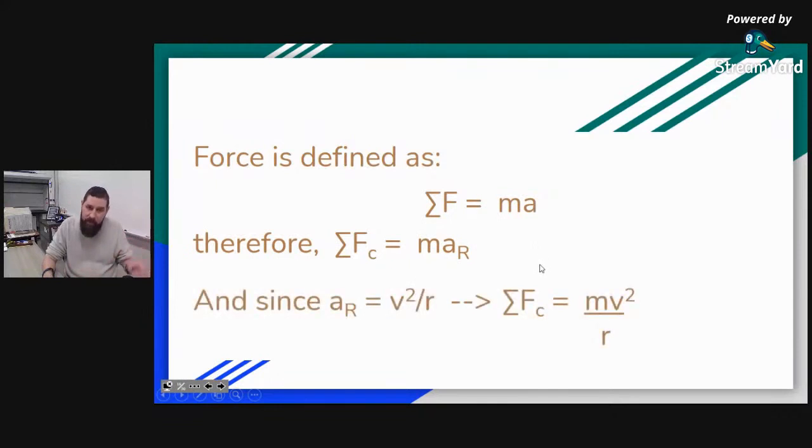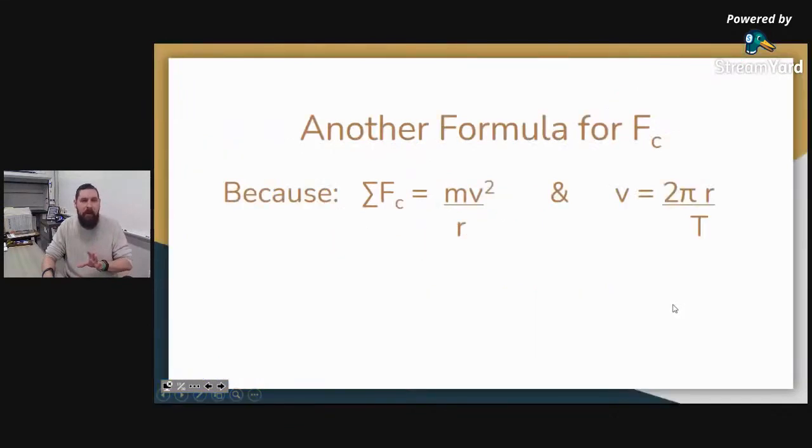And since radial acceleration equals v squared per r, as we talked about in the previous video, we can substitute in and get that the net force centripetal equals mass times velocity squared, all divided by the radius. So these are the most basic two equations that you've got for centripetal force. Centripetal force is mass times acceleration centripetal, or F_c equals mv squared per r. But there's an additional formula.